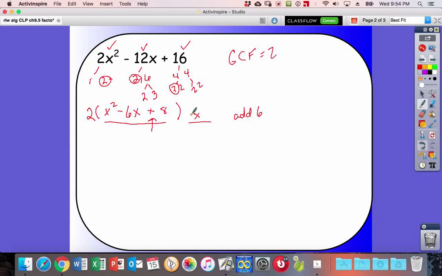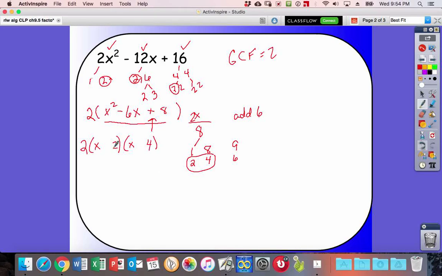If I take 1 and 8, or 2 times 4, and they have to add to 6: 1 and 8 adds to 9, but 2 and 4 adds to 6. There they are right there. So I'm going to say 2 times x, and I know what goes in my parentheses there.